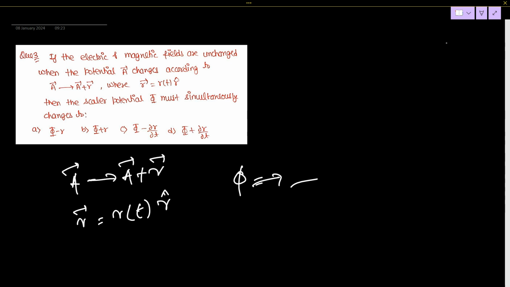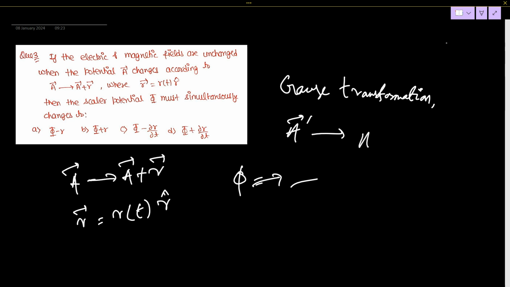See, we know gauge transformation. What do we know from gauge transformation? A' is equal to A plus del lambda.